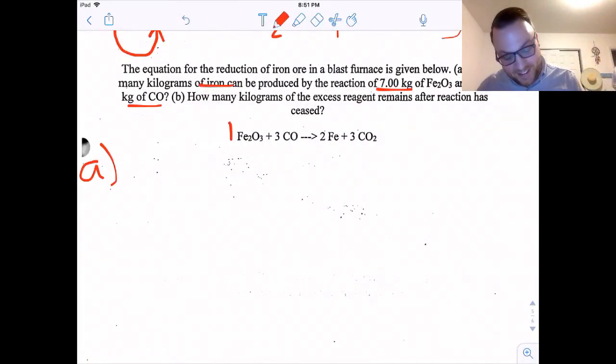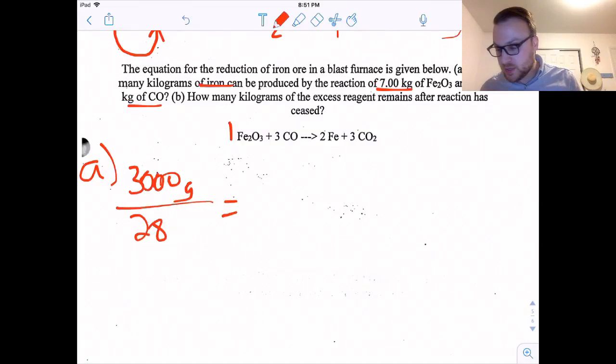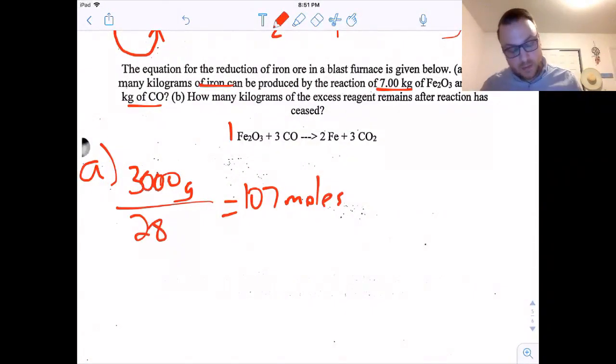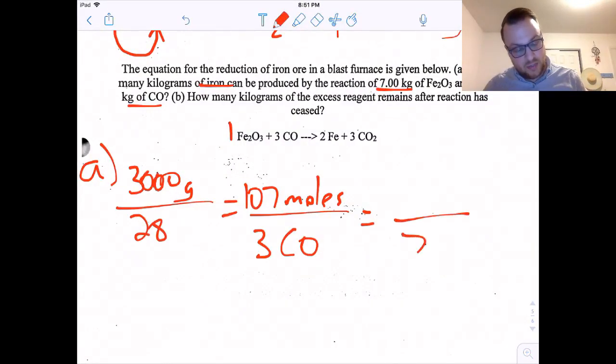3,000 grams carbon monoxide divided by 28 was 107 moles of carbon monoxide, right? Yep, that's what I got in my calculator. So the reaction has 3 moles of carbon monoxide in it, and for every 3 moles of carbon monoxide, I usually get 2 irons, but I don't have 3 moles, I have 107 moles, so how many irons is that going to make instead?